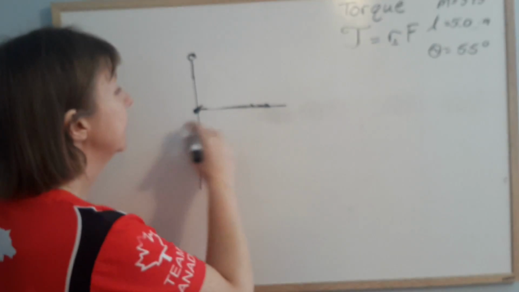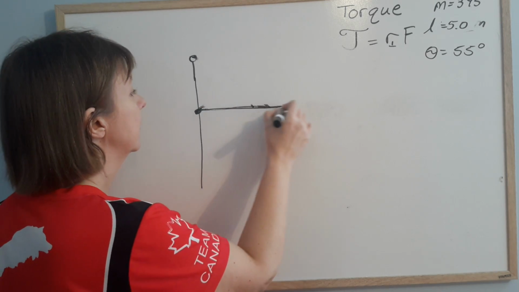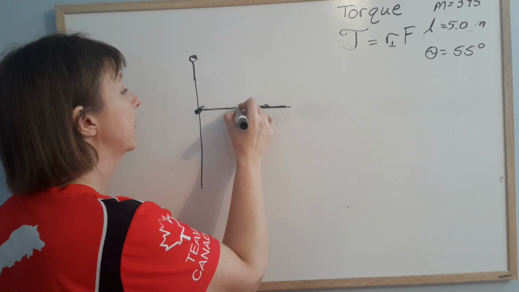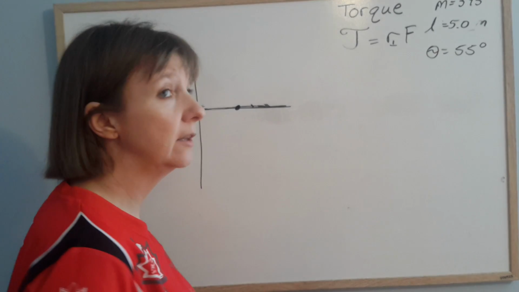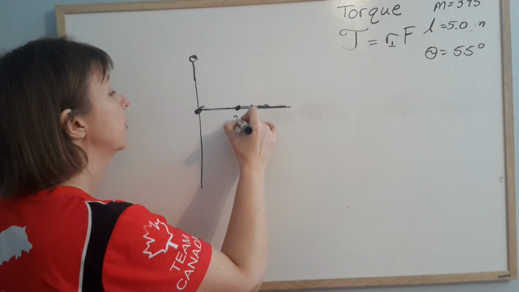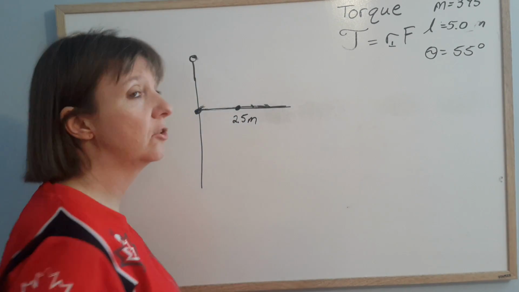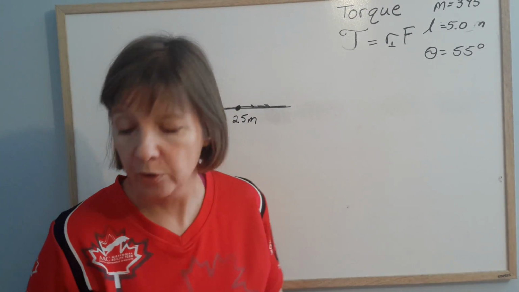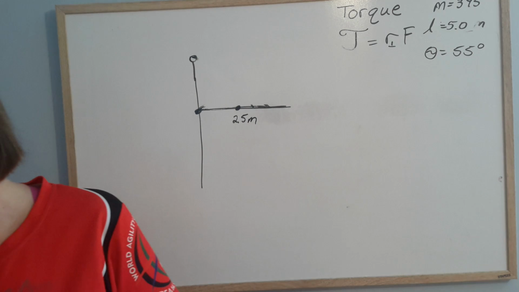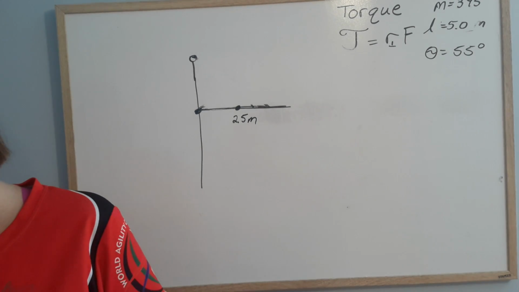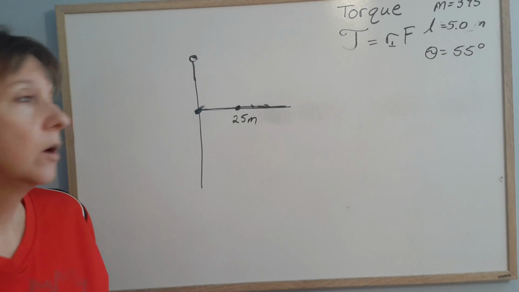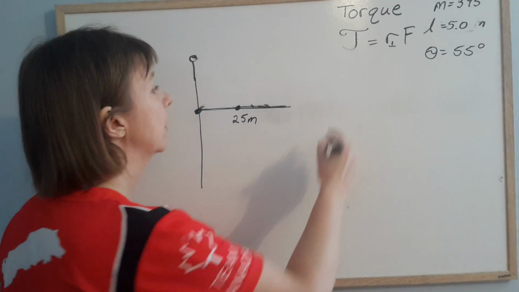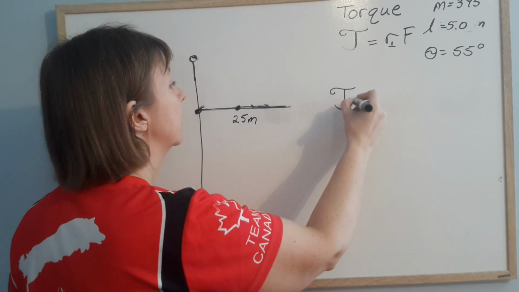And the length of this is 5 meters, and the center of mass is exactly in the middle, which means the center of mass would be at 2.5 meters because that's halfway, right? Half of 5 is 2.5. And so it wants to know what would be the torque that is working on this.